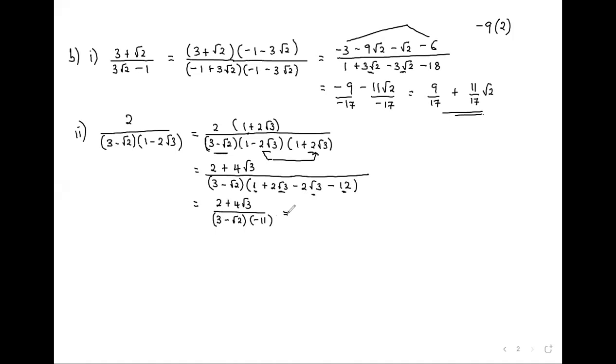So now this is the same as 2 plus 4 root 3.